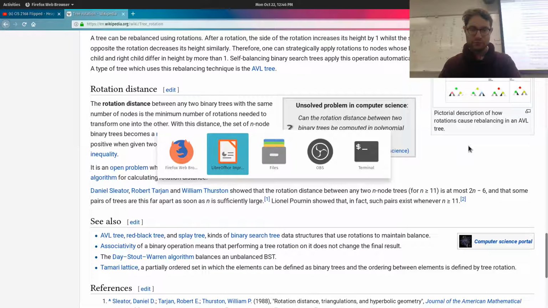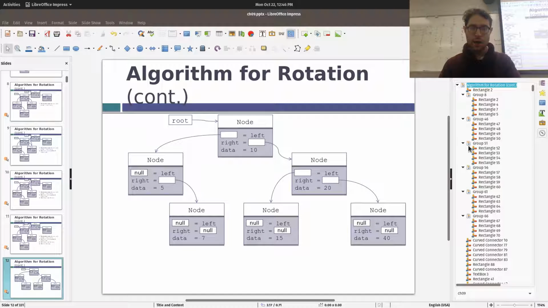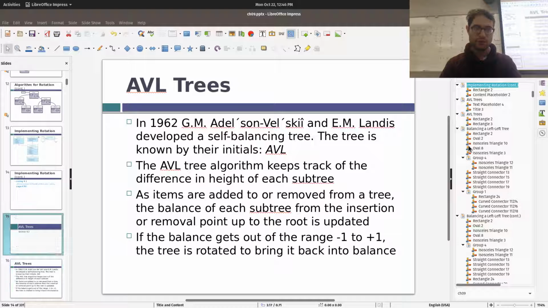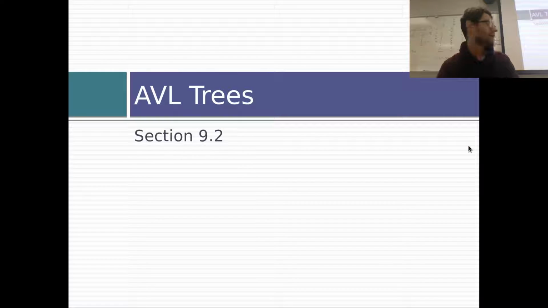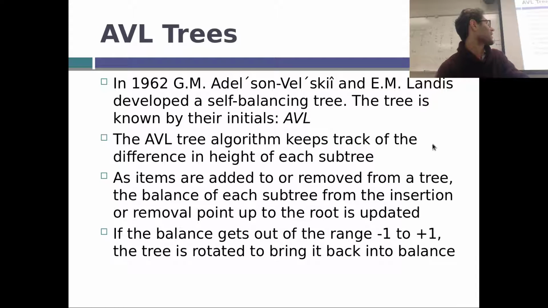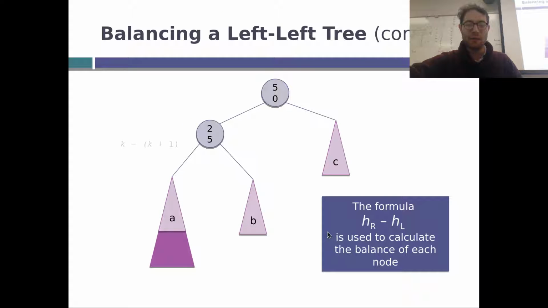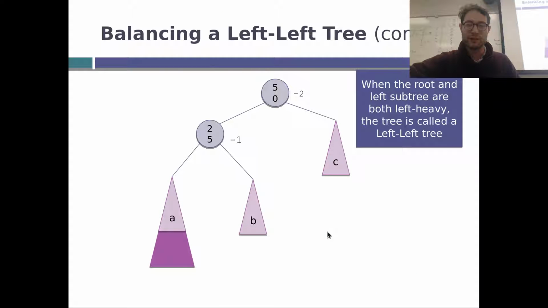Now this is used in all sorts of trees. This is used in the AVL tree, which is named after its authors, and the tree is known by their initials. It keeps track of the difference in height between each subtree. I'm not really going to go too much into it.